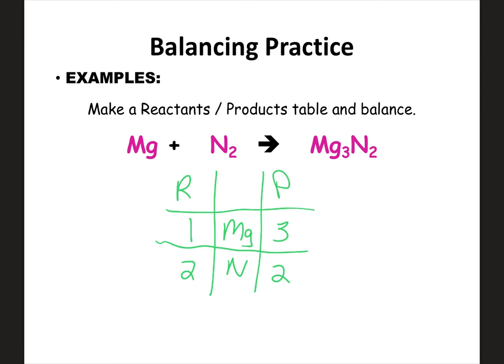The only thing you're allowed to do is put coefficients in front of things. So I need there to be 3 Mg on the reactant side, so I put a 3 in front. That changes the Mg, and that's all you need to do. This one would now be balanced. In order for this reaction to occur, you'd have to have 3 Mg reacting with N2 to form the Mg3N2. Okay, so that would make this reaction balanced now.